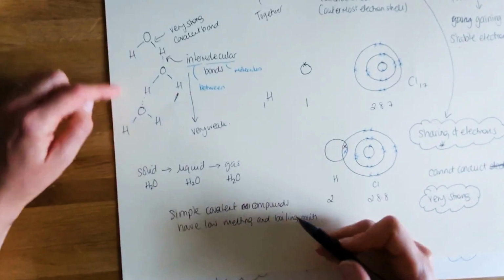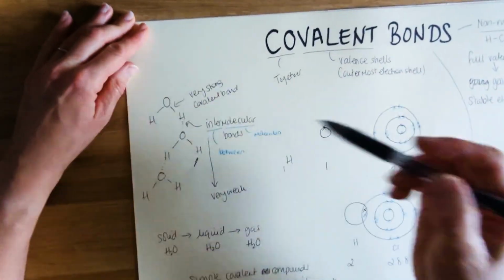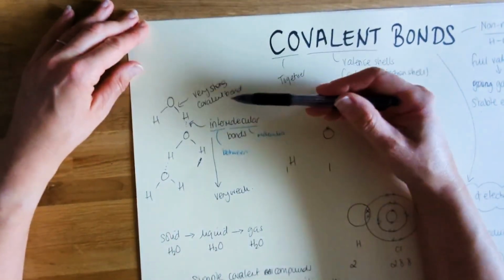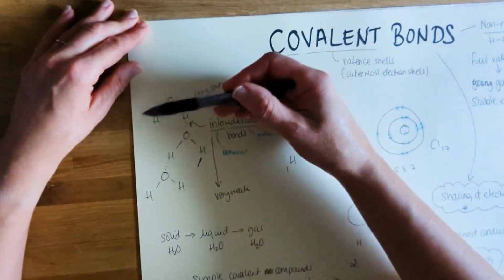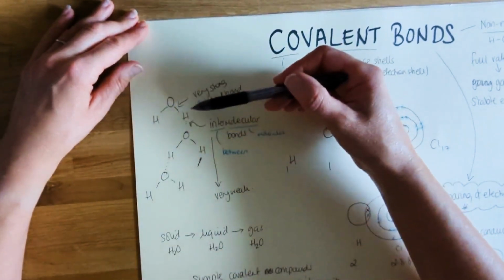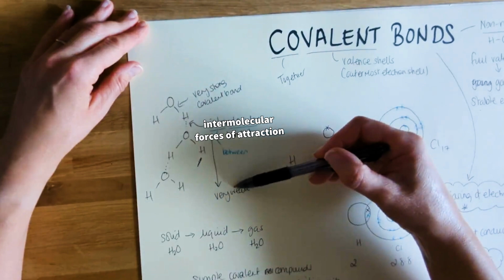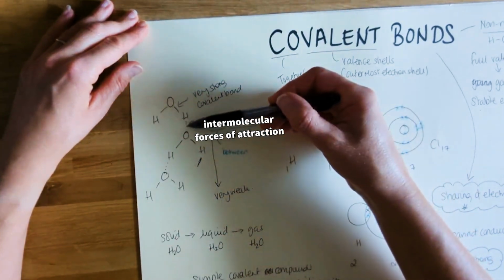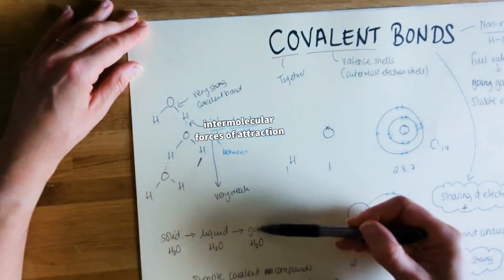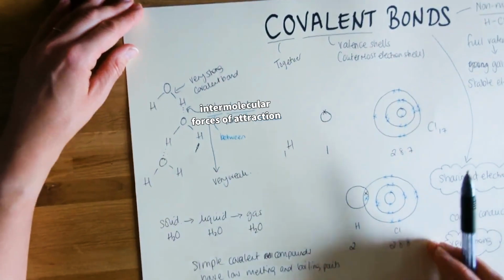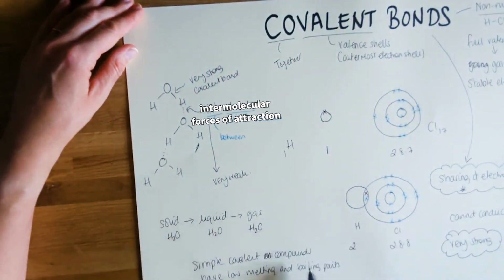This is because even though the covalent bond between the atoms in a molecule are very strong, between the molecules there are intermolecular bonds which are very weak. And it's these bonds that are affected when changing state. And the change of state is what is needed to melt and to boil a substance.